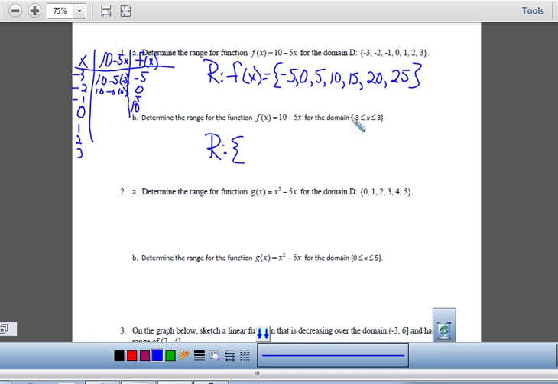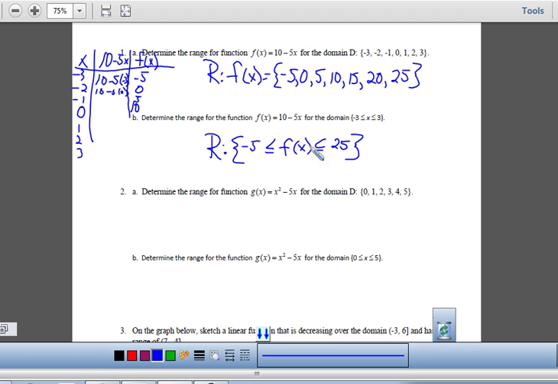We write the same thing, but instead of x in the middle, we have f of x, and it's greater than or equal to, and less than or equal to. Use these values. What is my smallest value? It's -5. And my greatest value is 25. And there you go, that's the answer for that.